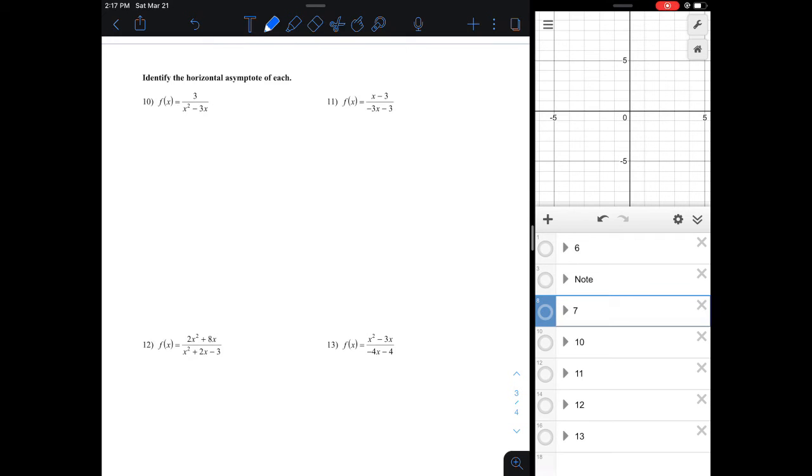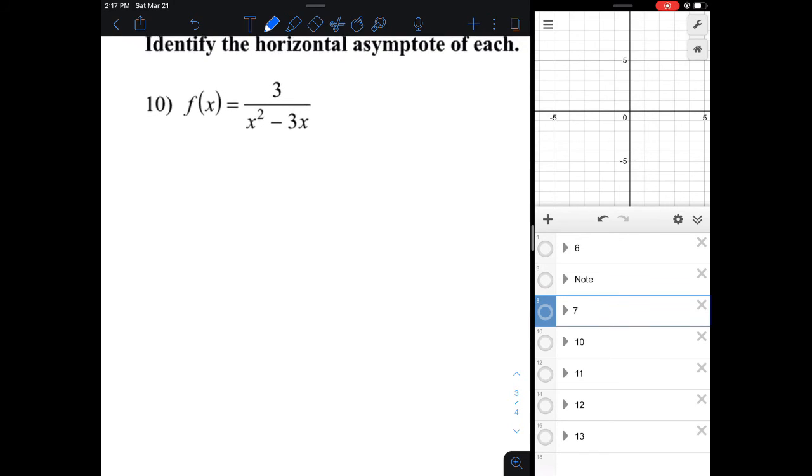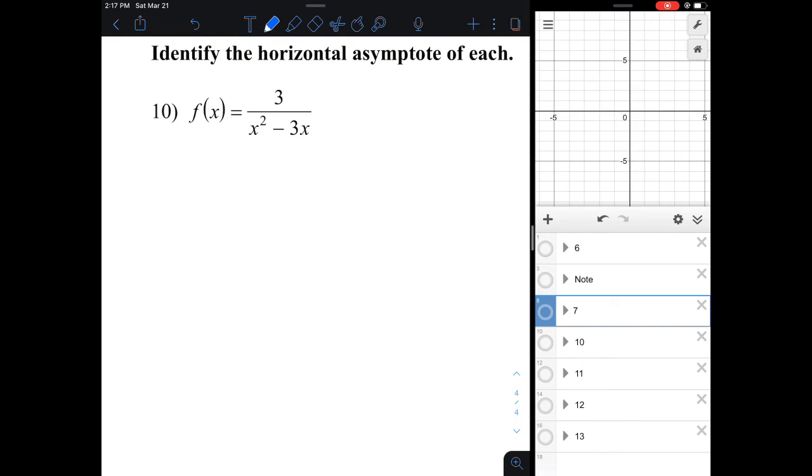So if I'm looking at a problem here like number 10, I want to see, is there a horizontal asymptote in this problem? Or I'm basically saying, what is the end behavior? Well, I want to find the largest degree of x in the problem. Well, that is x squared.